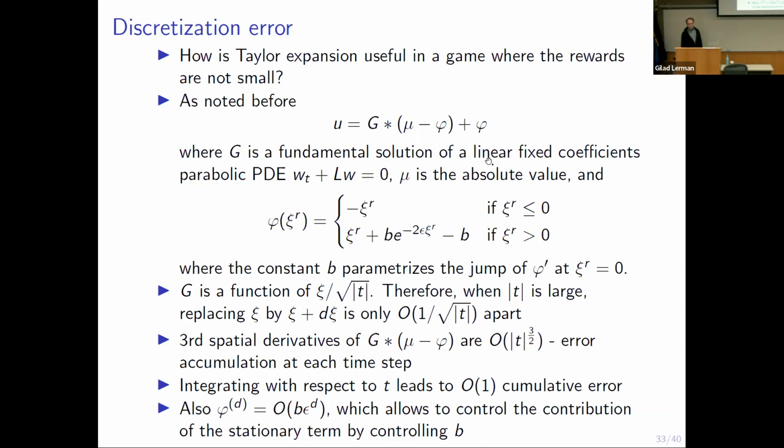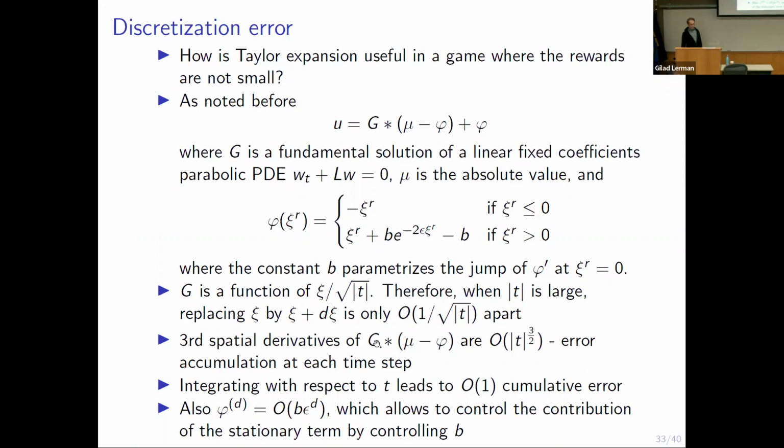But this G, because it's the fundamental solution of something that looks, up to a linear transformation of coordinates, just like a heat equation, is just a function of C divided by the square root of time. So when time is large, replacing C by C plus delta C, which has these fixed gains, these two are only something like 0.1 of a square root of t apart. So in fact, when time is large, the changes in the function are small.